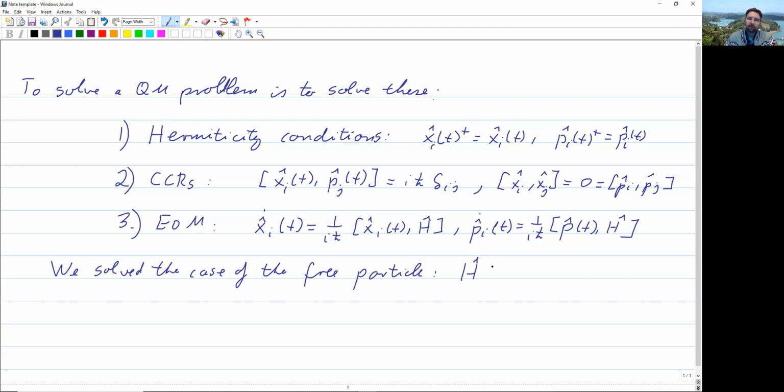There, the Hamiltonian was p hat squared over 2m, and the equations of motion were, of course, that x hat dot is equal to 1 over m p hat, and that p hat dot was equal to 0. Right? Momentum is conserved for a free particle.